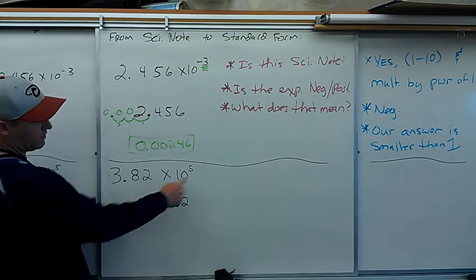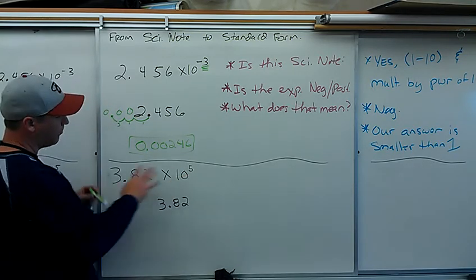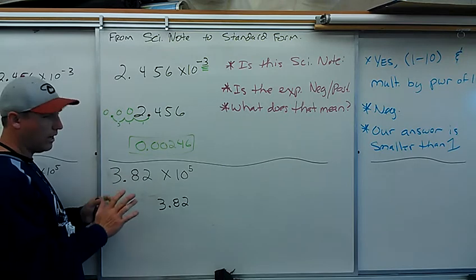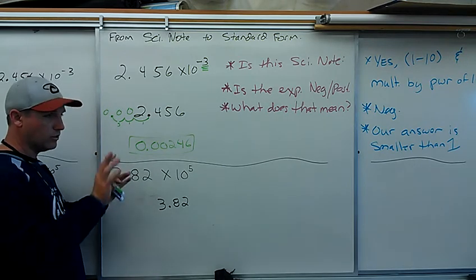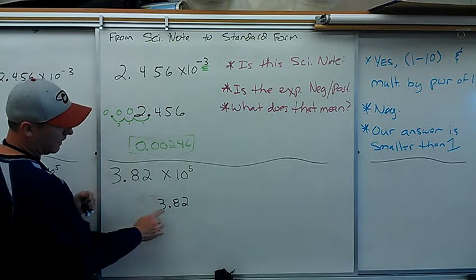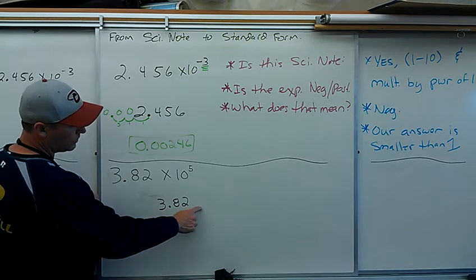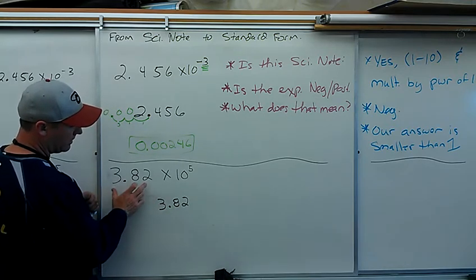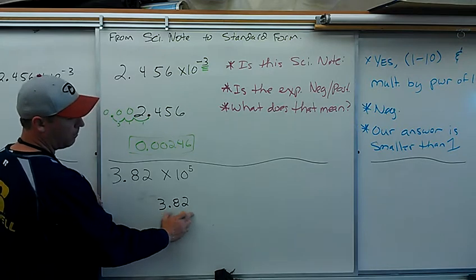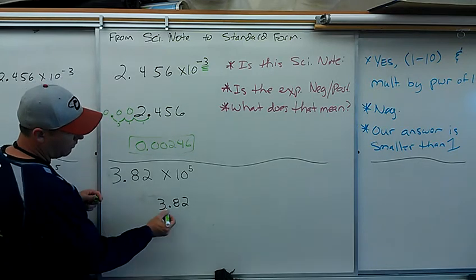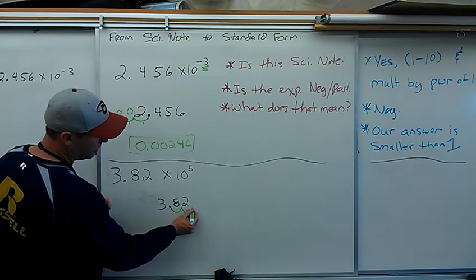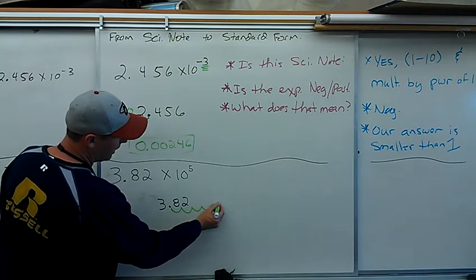And then, this tells me how many times I'm moving my decimal point. Once again, we don't worry about, do I move it left or do I move it right? Don't try and memorize a rule. Just think, if I'm going to move this decimal point, which direction will I move it that will make this number bigger than 1? So I have to move it 1, 2, 3, 4, 5 times.